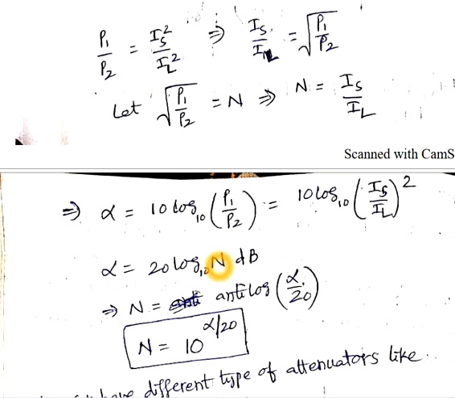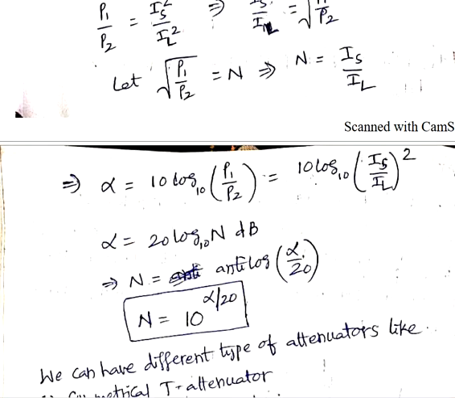So all these relations are very important. In the exams they will play with these relationships. Even in the bits you can get how capital N and alpha are related. What is capital N in the end? It is the ratio of input current to the output current.